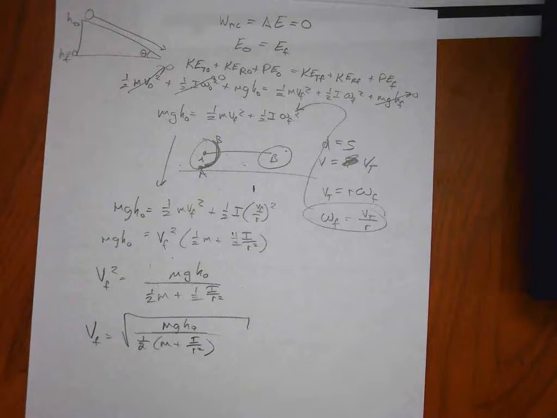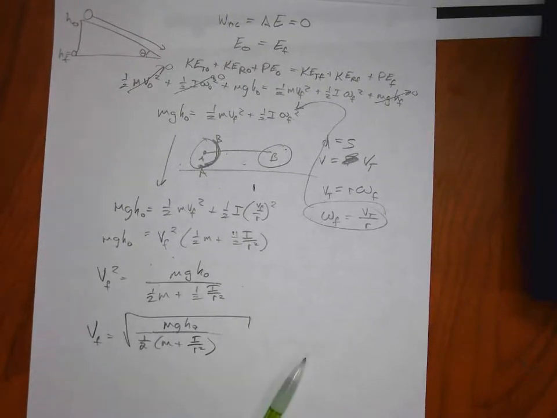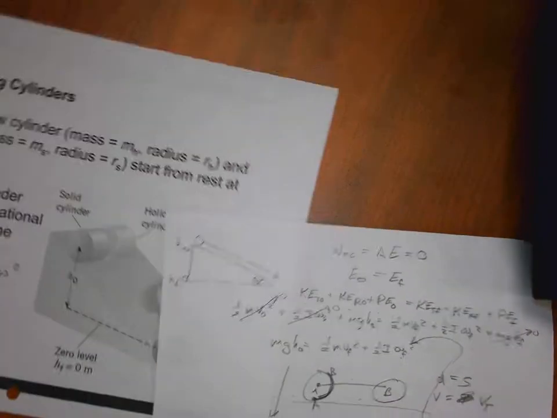So what should we note here? Well, we should note here that I is in the denominator. So as the moment of inertia increases, the velocity should decrease. And which one is going to have the higher moment of inertia?